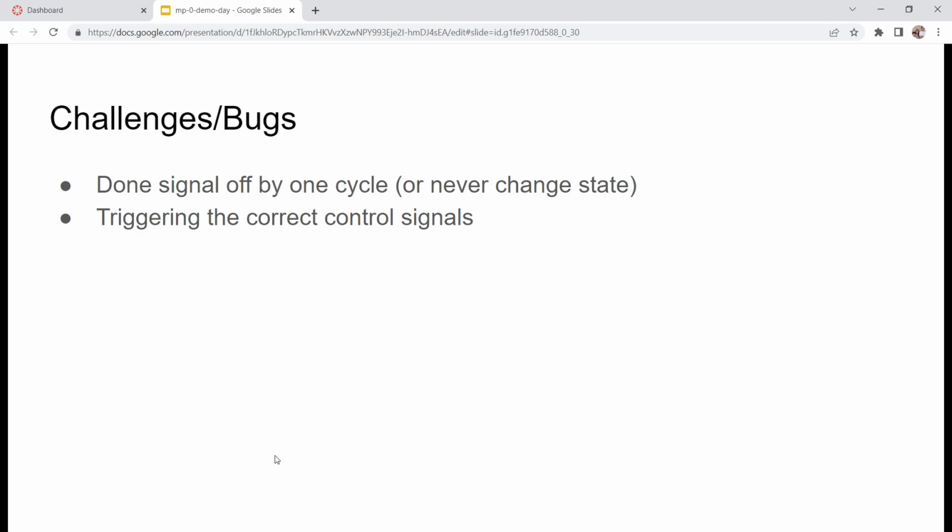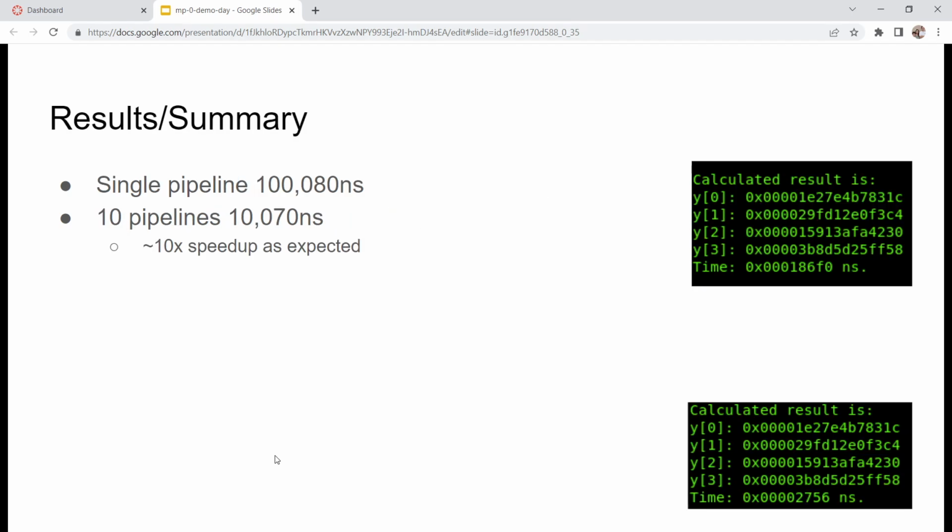We also had a problem with triggering some of the correct control signals because we placed some of our control signals in the wrong state within the FSM. So there were some simple problems. The single pipeline took about 100,000 nanoseconds, and the 10 pipelines took 10,000 nanoseconds, which gave us the 10 times speedup that we expected.